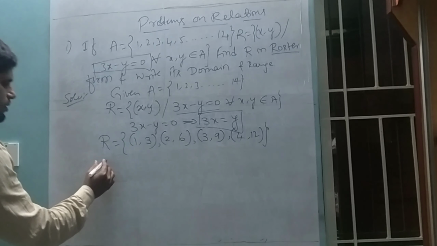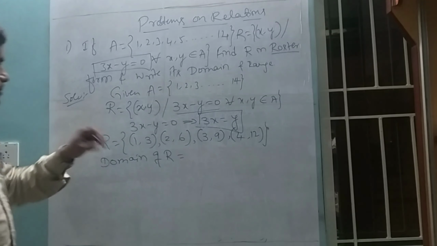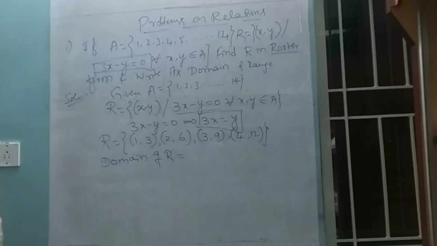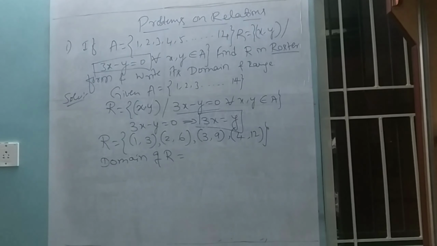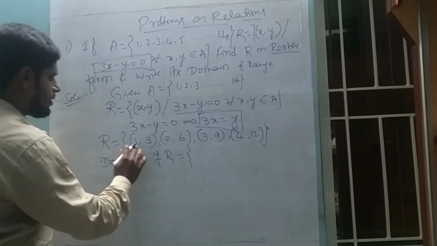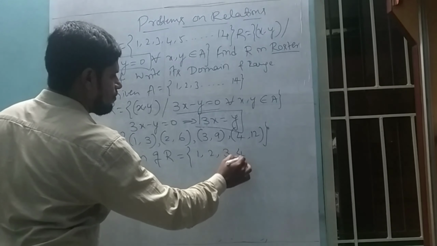Now let us see what the domain is. Domain of a relation R is, as we discussed in the previous problem in the Cartesian part, the first elements. Domain is the first elements of an ordered pair. So what are the first elements? 1, 2, 3, 4.